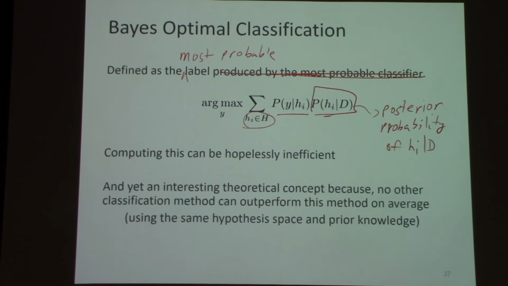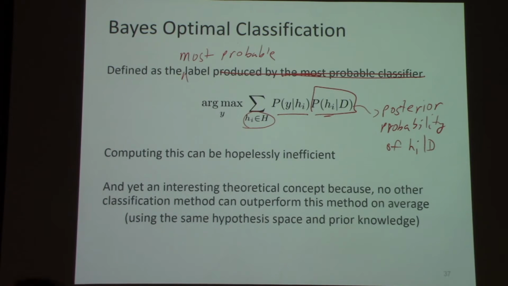And I write summation here, but if your hypothesis space is real valued, this becomes an integral. So in order to make one prediction on one example, you have to integrate over the entire hypothesis space. This is, of course, hopelessly inefficient.